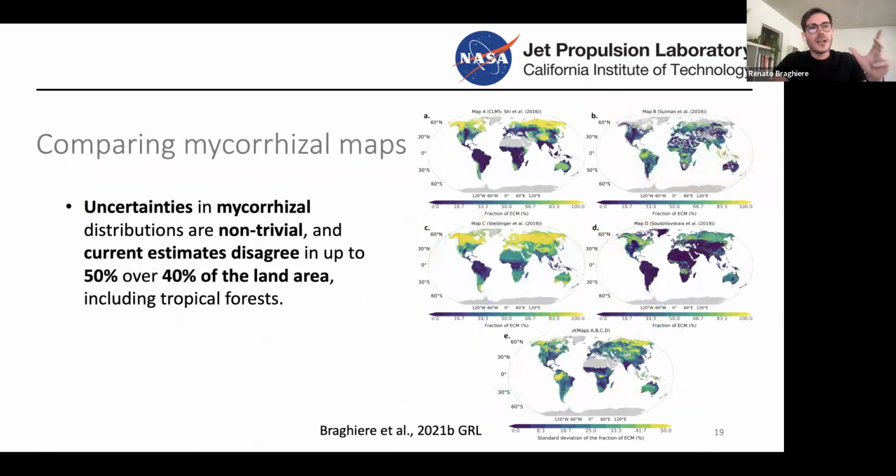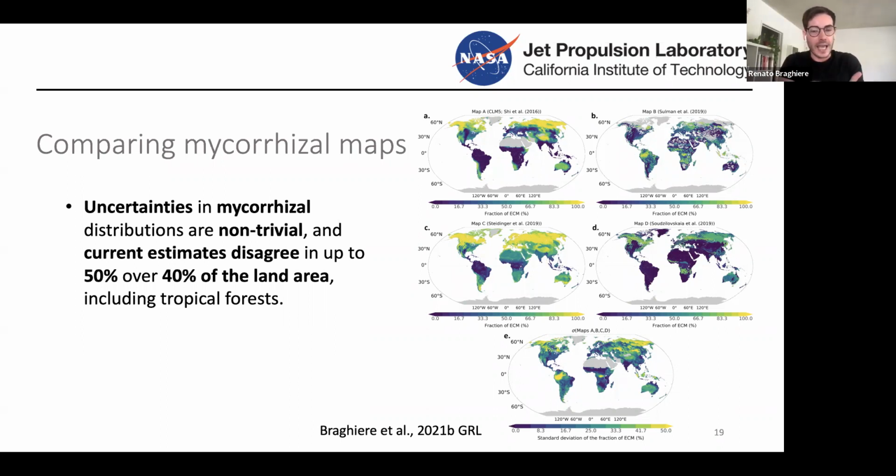And it was very interesting because, the same year that I started my postdoc at JPL, 3 different publications came out showing global maps of mycorrhizal distribution.